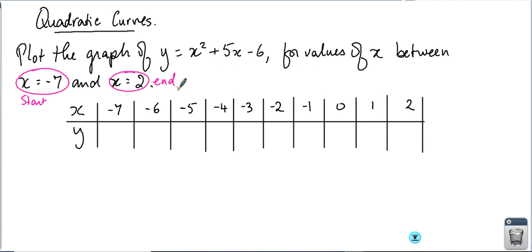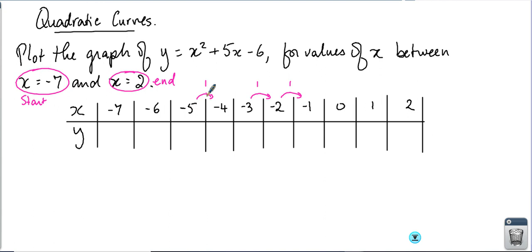Where you have end, press 2 and equals. The step is how much we move each time from one number to another. In this case it is always 1. So where you have step, type 1. Press equals once or twice and you'll get your table.